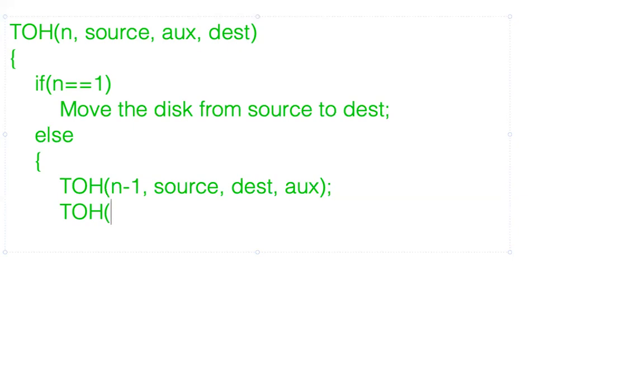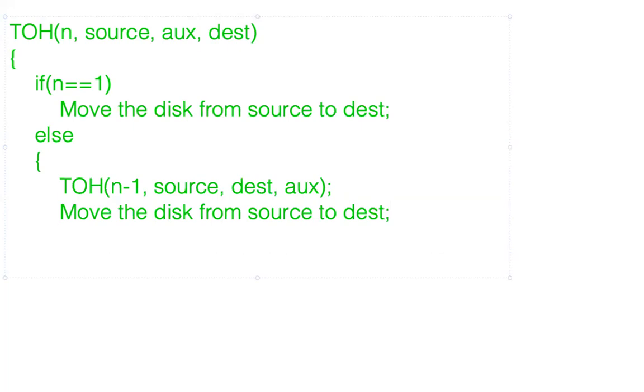So I can either write TOH 1 source auxiliary destination, or I can also write move the disk from source to destination.